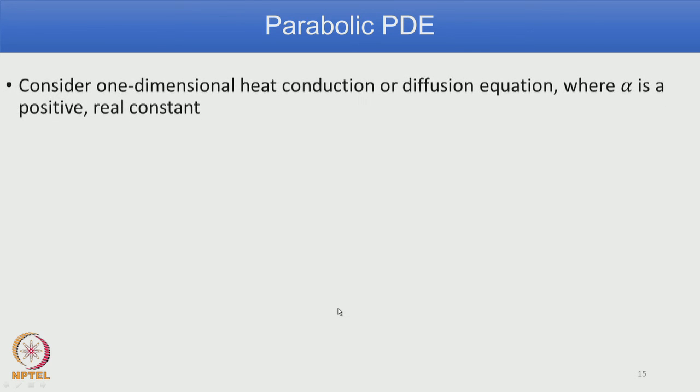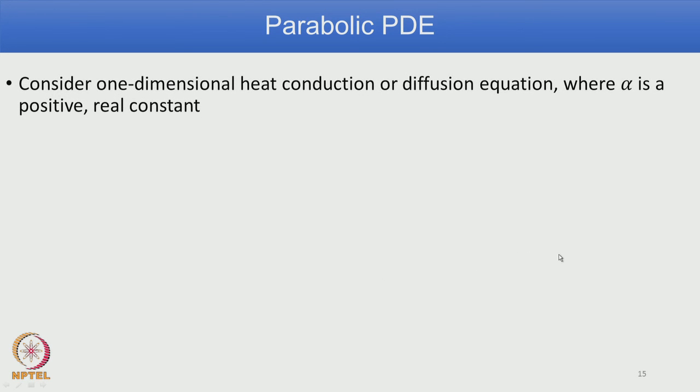Next is the parabolic PDE. Again I am giving you one example, the one dimensional heat conduction or diffusion equation, given, for alpha a positive real constant, as dou T by dou t equal to alpha dou square T by dou x square.